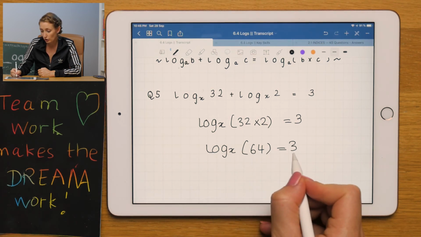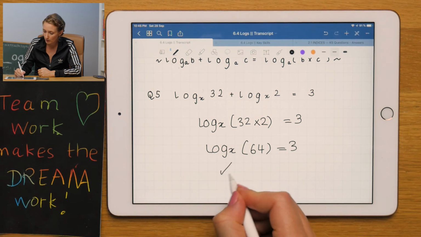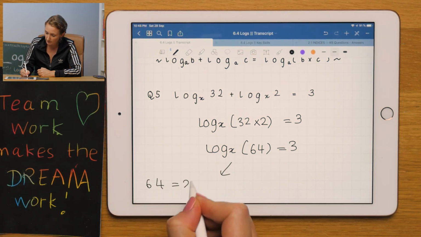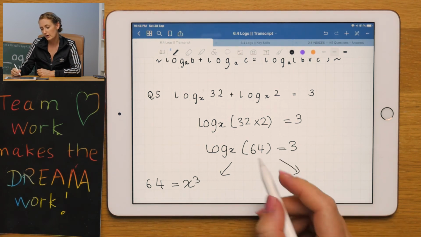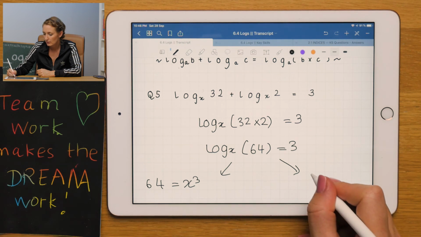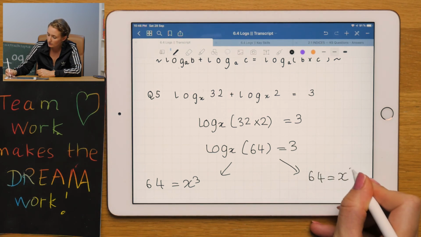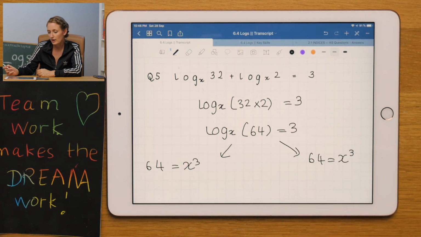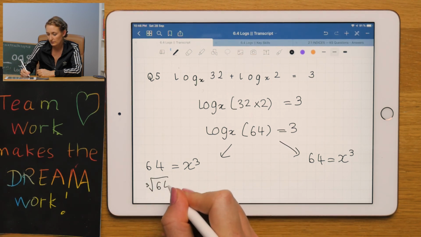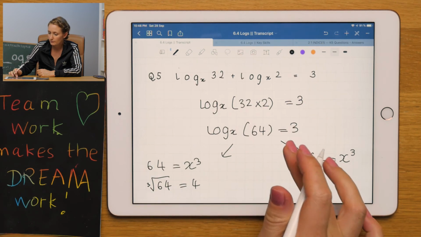Something cubed is 64, so that's the first way to think about it. 64 is something cubed, or to think uppercut, 64 equals x cubed. Either way, that's going to give you an answer of 4. You can take the cube root of 64, and that's going to be 4.